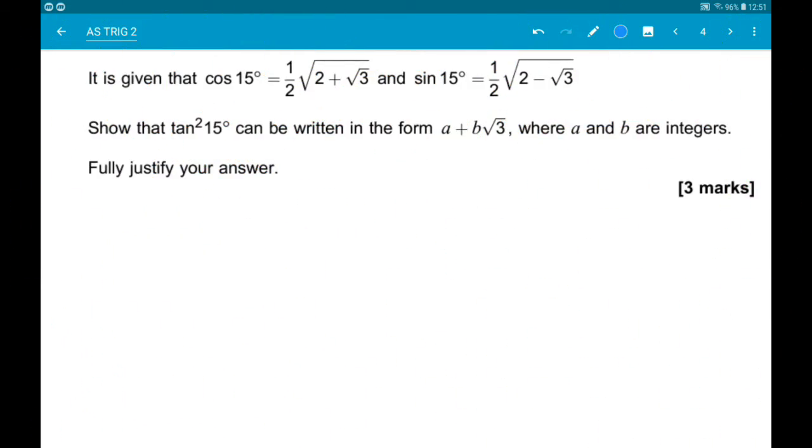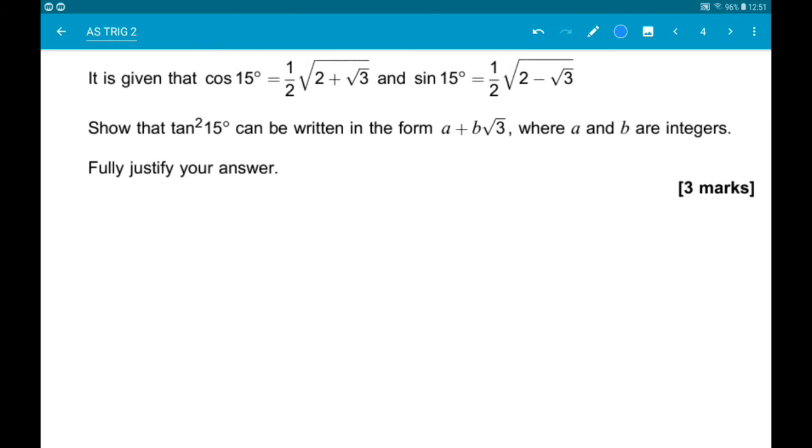Okay, number 3. It is given that cos of 15 is 1/2 square root of 2 add root 3, and sine of 15 is 1/2 square root of 2 minus root 3. We want to show that tan squared of 15 can be written in the form a add b root 3, where a and b are integers.